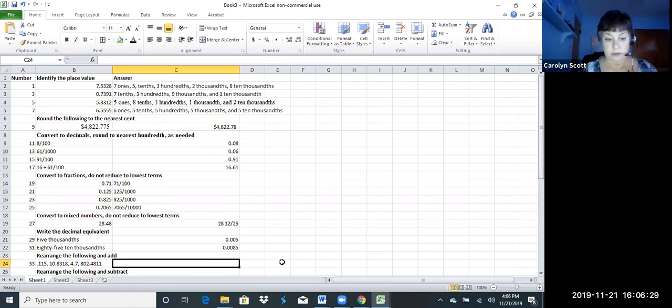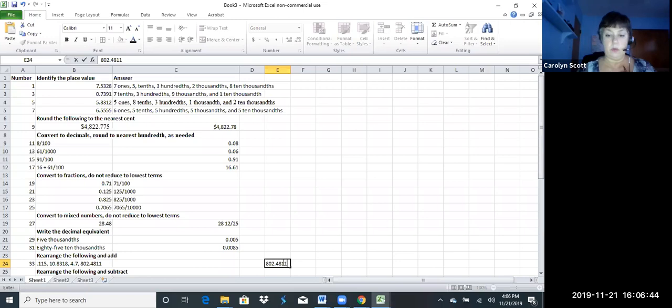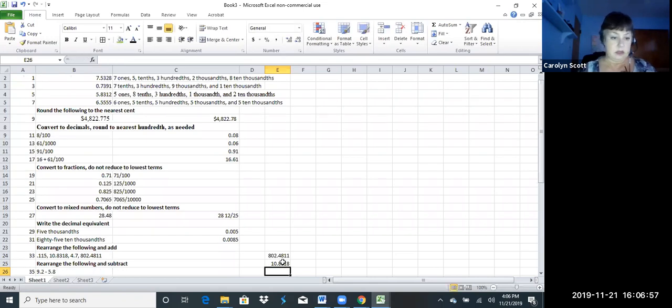Okay, so 33 asks us to rearrange the following and add. So we are going to arrange them vertically. 0.4811. And then the next highest one is 10.8318. And then the next highest one is 4.7.